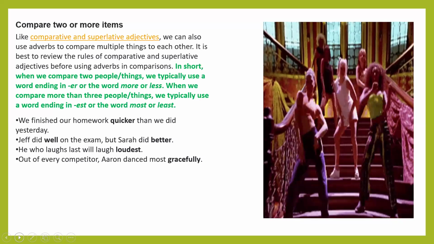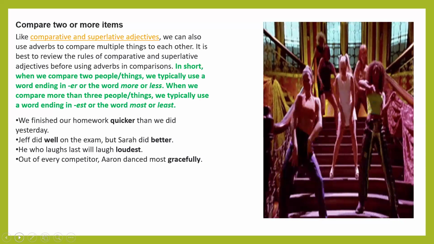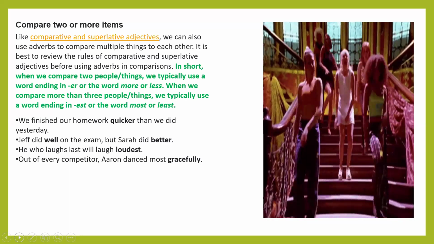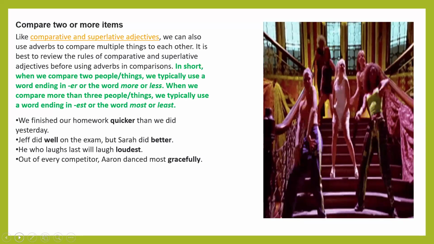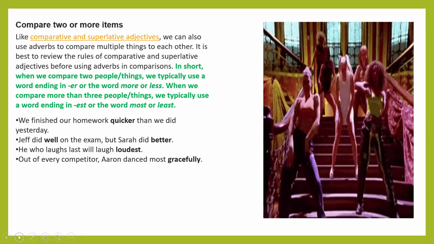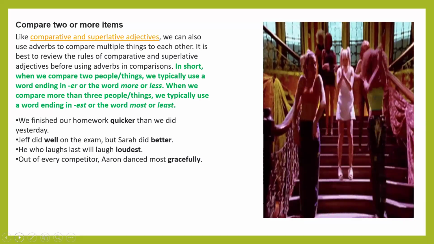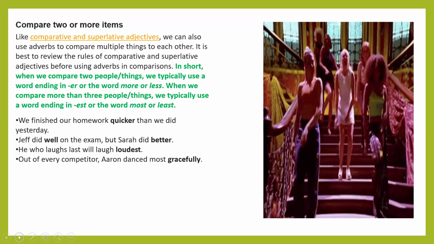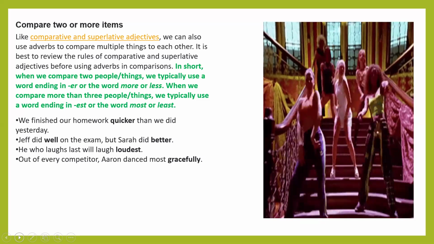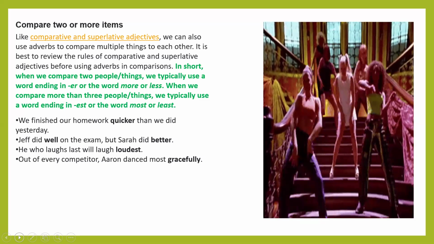Quicker is doing the comparison, comparative form. Jeff did well on the exam, but Sarah did better. Comparative form. He who laughs last will laugh loudest. Superlative form. Out of every competitor, Aaron danced most gracefully. Most gracefully is a superlative form of adverbs.